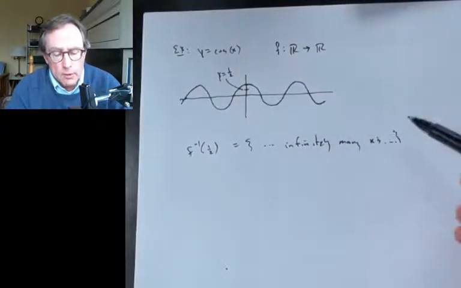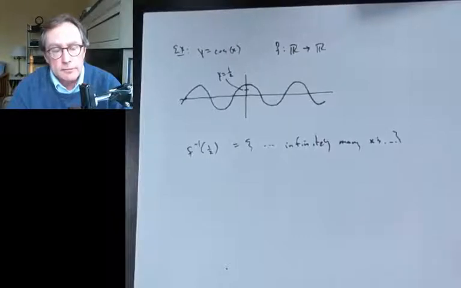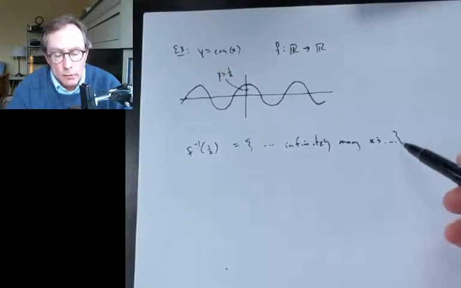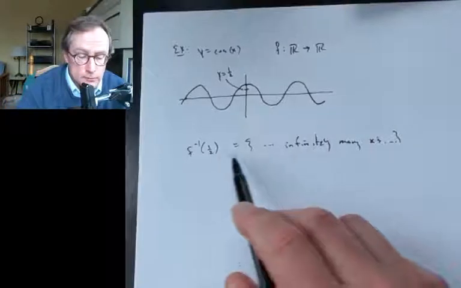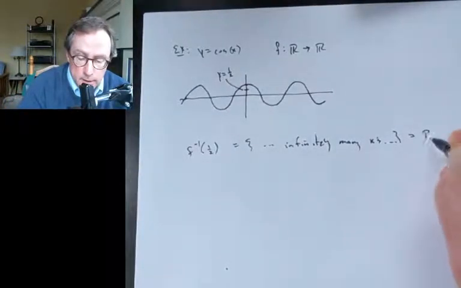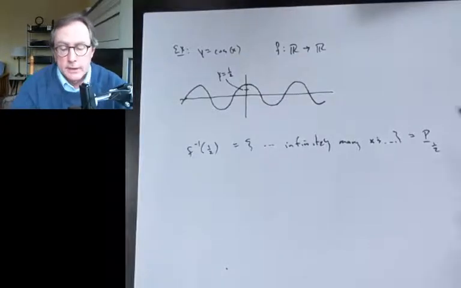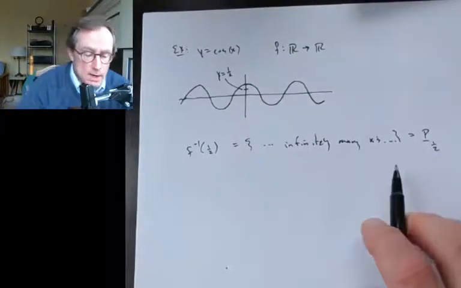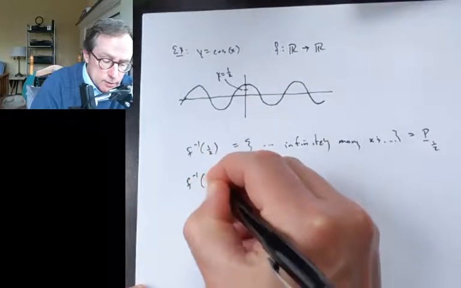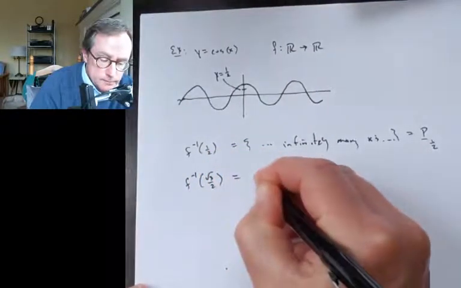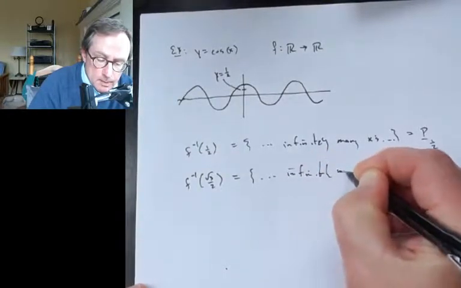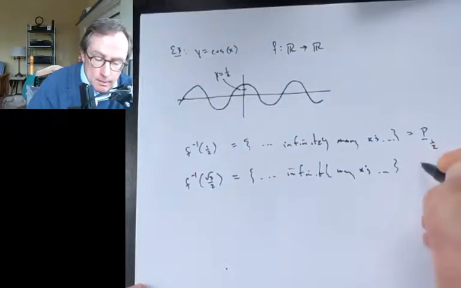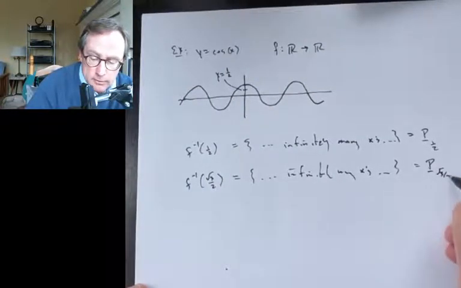So it's all the x's that have a cosine of 1/2, and there are infinitely many of them. So in fact, this is capital P sub 1/2. These parts here can in fact be infinite sized. If I look at f inverse of square root of 3 over 2, that's again infinitely many, capital P sub square root of 3 over 2.